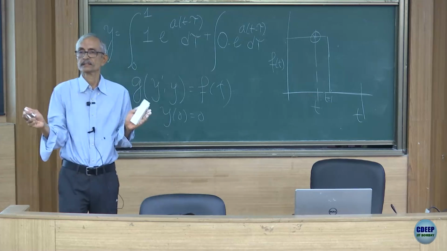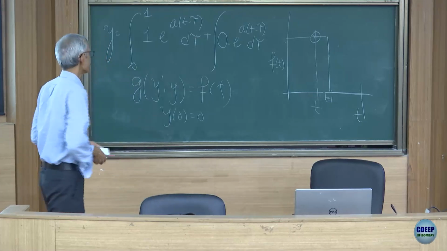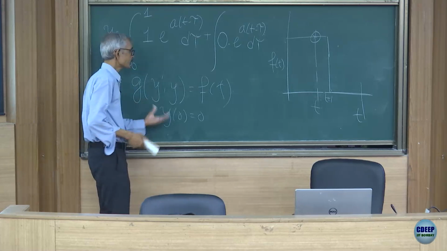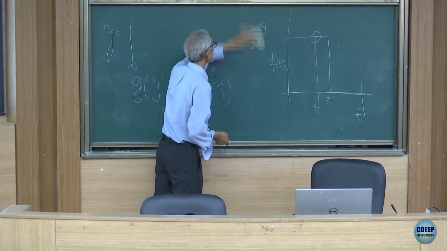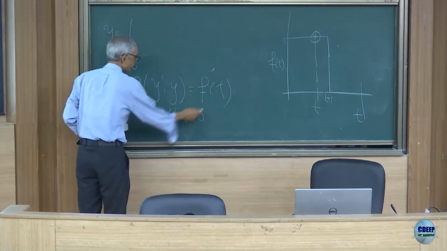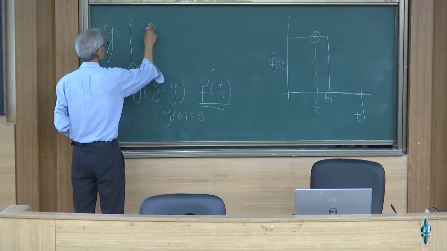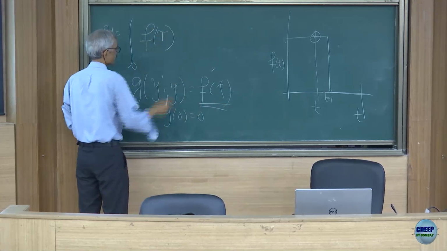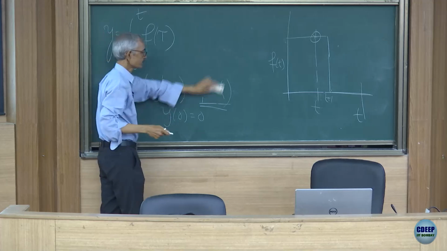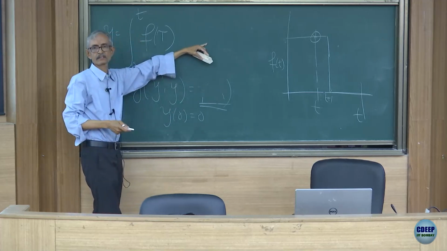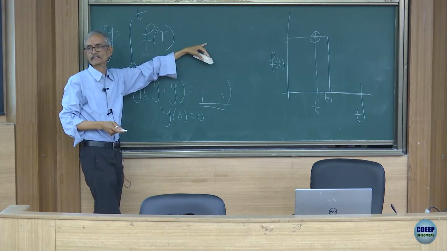If this is the scenario, then we say that my solution y is going to be equal to the function which is there on the right hand side, which is f(tau), times what?